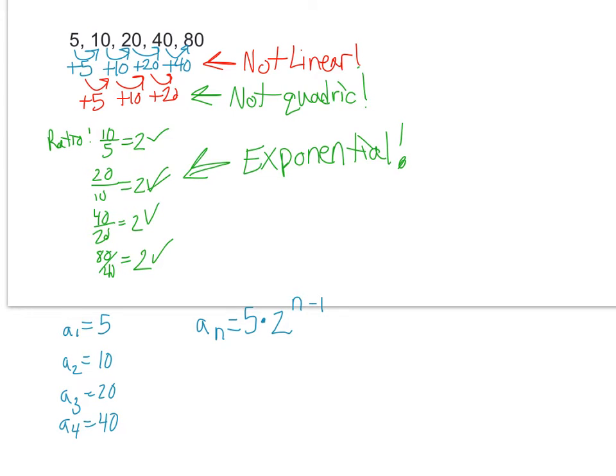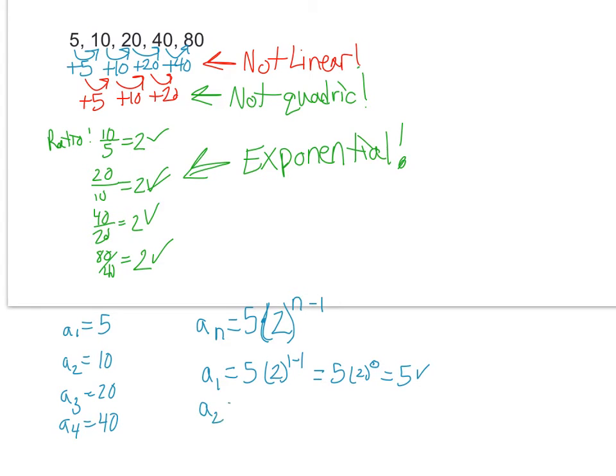And the reason why I know this works is because if we plug 1 in, that means we have 5 times 2 to the power of 1 minus 1. Well, 1 minus 1 is 0, so we have 5 times 2 to the power of 0. Anything to the power of 0 is always 1, which gives us 5.